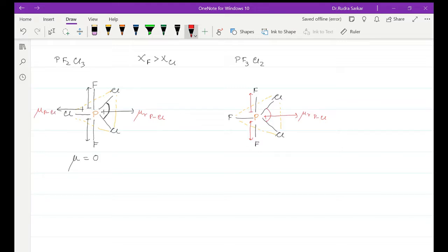So this one is cancelled by this one, but out here, this is not equal to mu P-F. So these two things are not equal, and hence this particular molecule will show a dipole moment. So that has to be kept in mind.